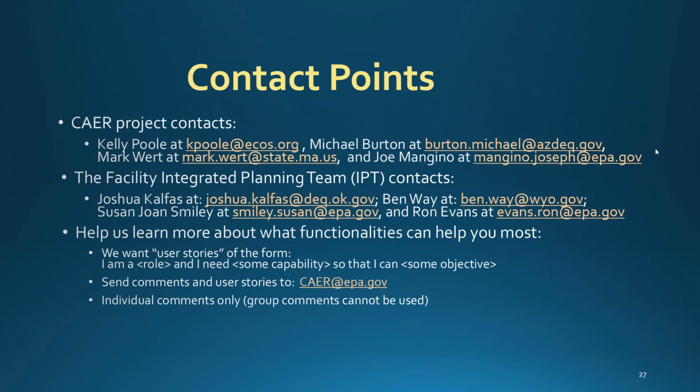Ultimately the idea would be, as I said, there's a facility data management integrated planning team working with states to figure out whether there's a way to share facility data that likely originates from state facility management systems and get that data into FRS.